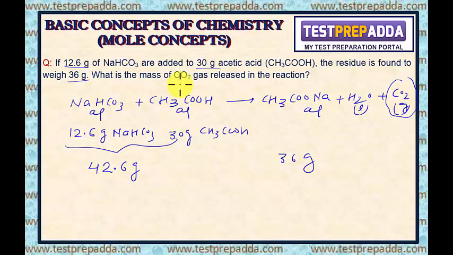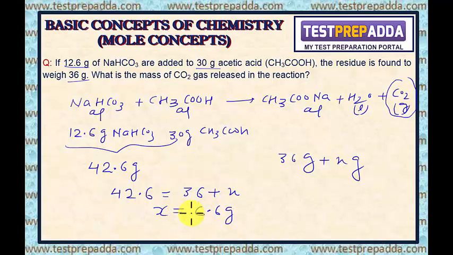And weight of CO2 liberated we have to find. Let the weight be x gram. So, according to law of conservation of mass, 42.6 is equal to 36 plus x. This way the value of x comes as 6.6 grams. So the mass of CO2 gas released in the reaction is 6.6 grams.